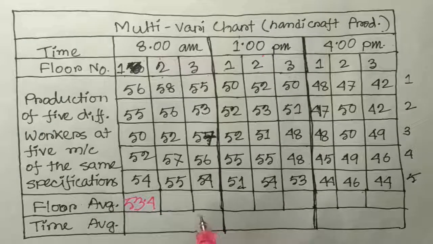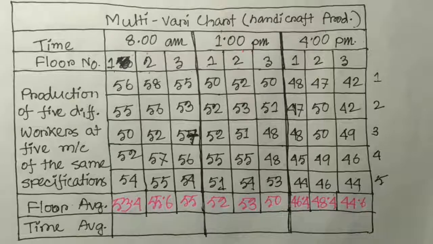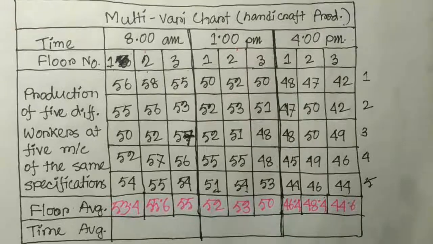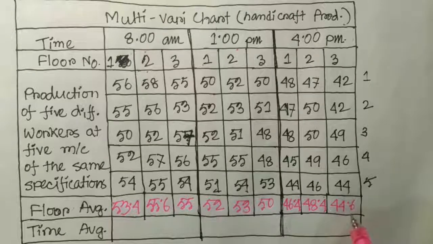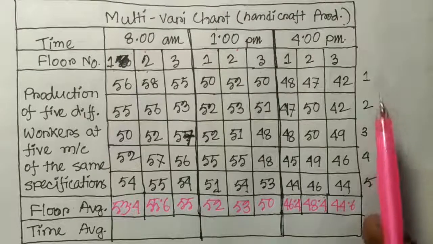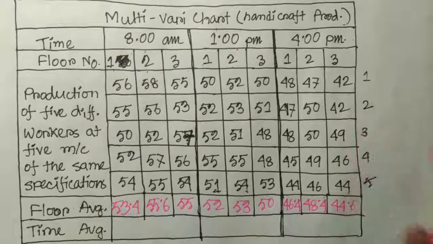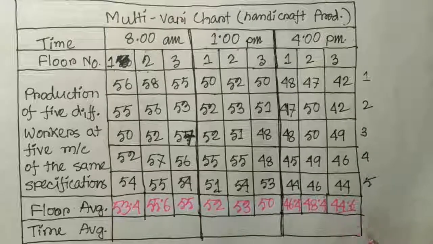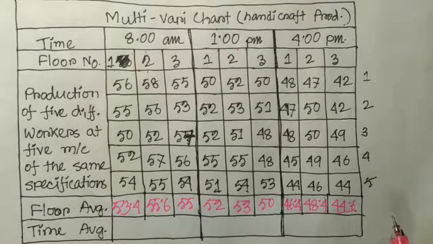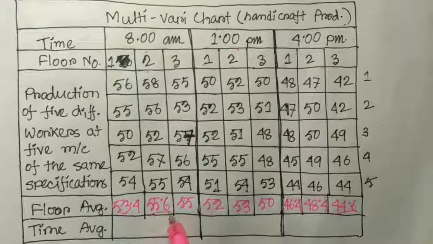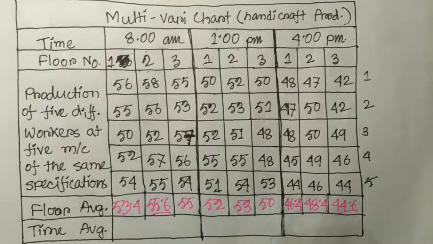All the averages are computed in the same way. The minimum average that we got is 44.6, which is the average of floor 3 at 4 PM, and the maximum average is floor 2 at 8 AM, 55.6.